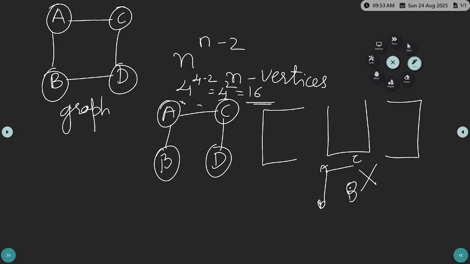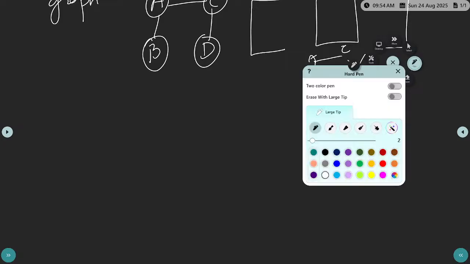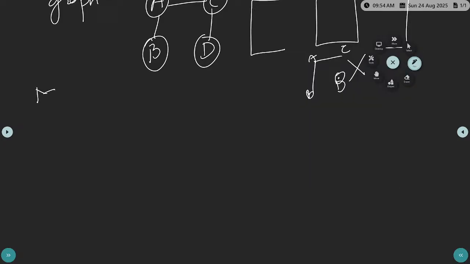Over. Go to the next one. What is the next one after spanning trees? We will be having minimum spanning tree. Write down minimum spanning tree.